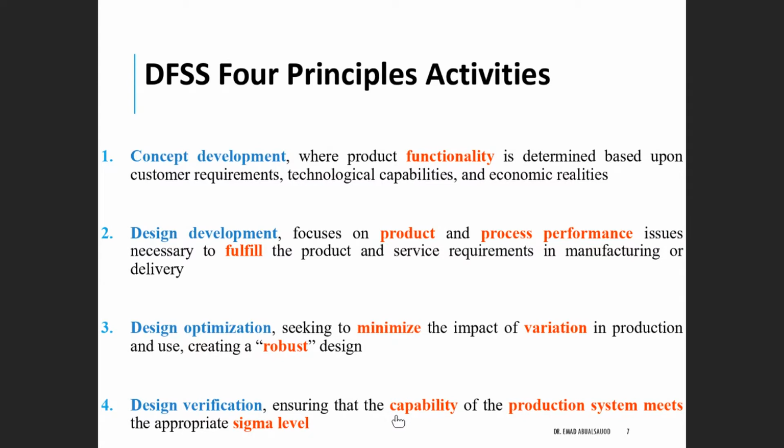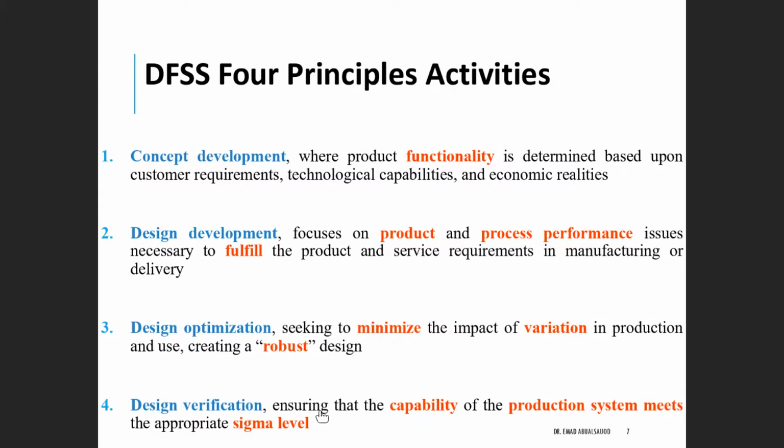So collecting the requirements and determining what the requirements are, and then focusing on the process and the product issues, and trying to establish the process and resolve all the related issues. In the optimization, you minimize the variation of the production or the service transactions, and then you ensure the capability of the product or the service is meeting the appropriate Sigma level.